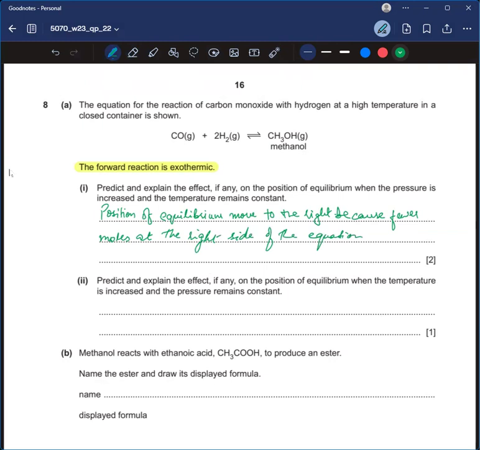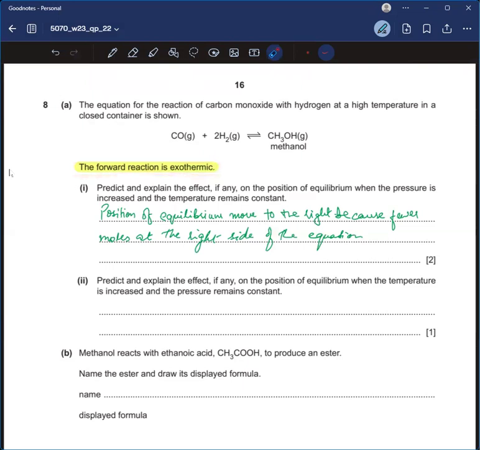Okay. Part 2. Predict and explain the effect, if any, on the position of equilibrium when the temperature is increased and the pressure remains constant. So here the temperature is being varied. Look at the piece of information I had highlighted earlier.